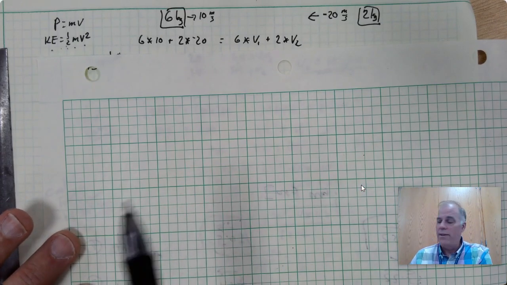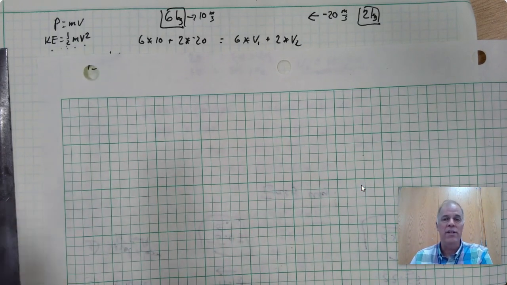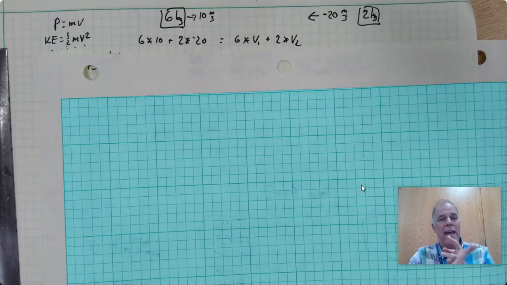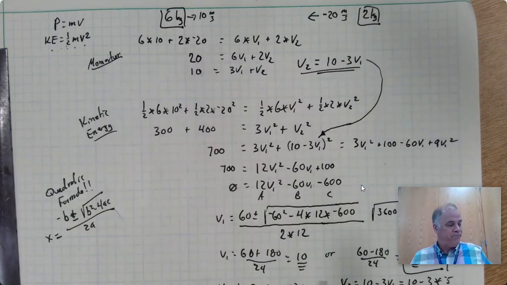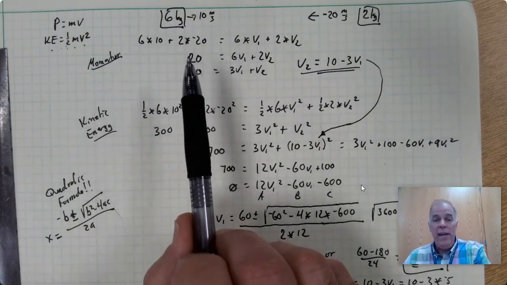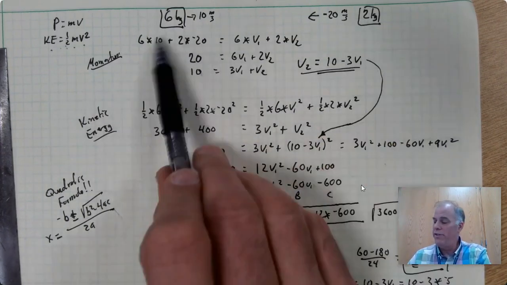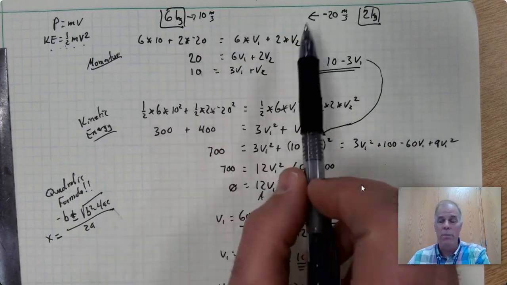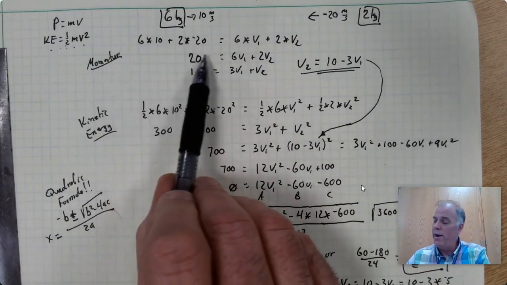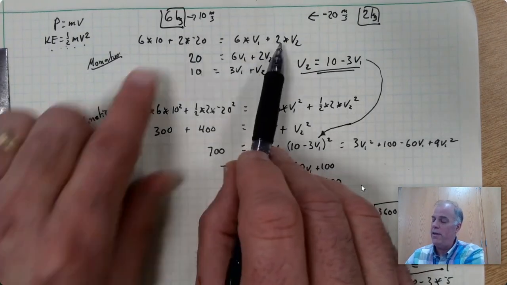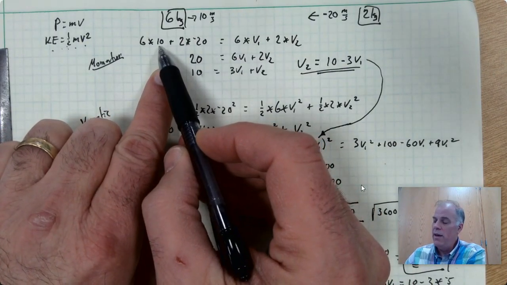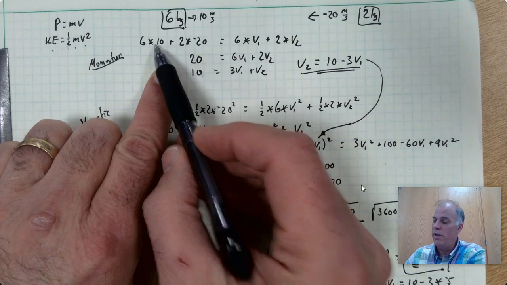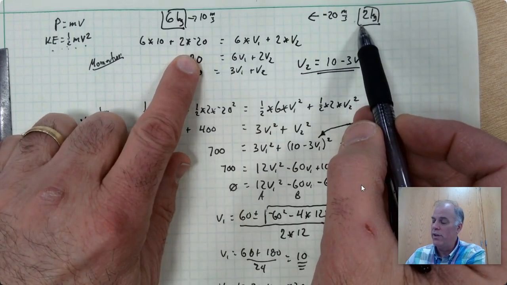So in an elastic collision, momentum is conserved and kinetic energy is conserved, both of them. That means that to solve this problem, we have to do an equation where we note that the momentum is conserved. So this is the momentum of the 6 kilogram block before the collision and the 2 kilogram block before the collision.